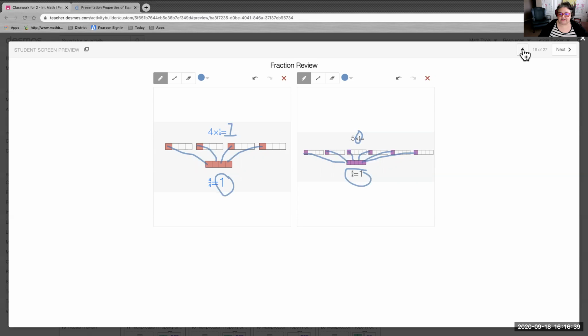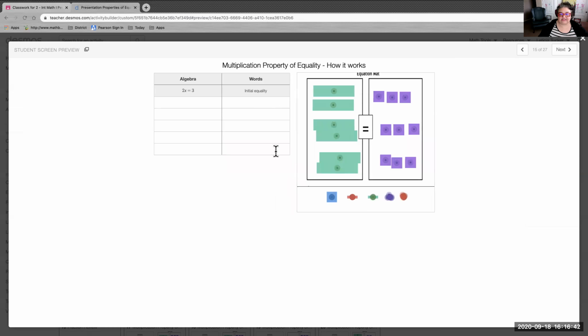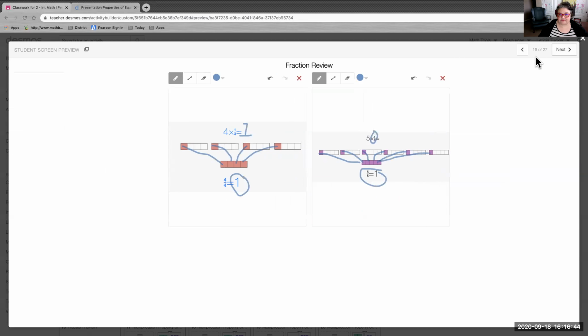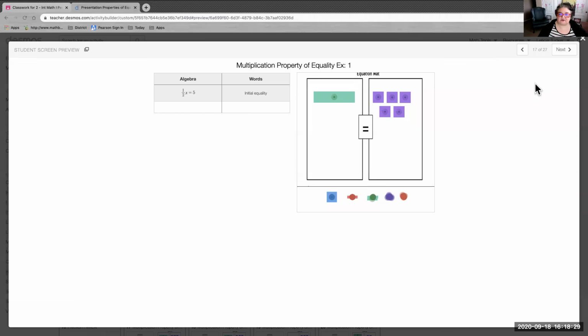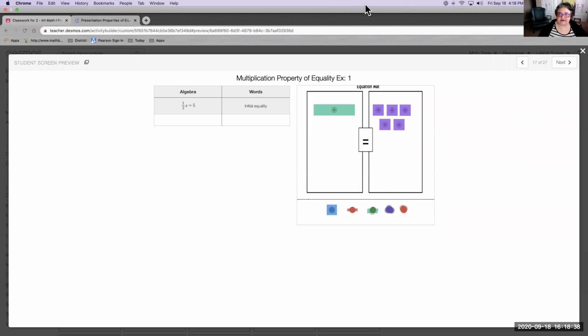So we're going to take what we did here earlier and this information and see how those work together. Okay, we're going to look at this one. So this right here, you can tell is x equals 5.